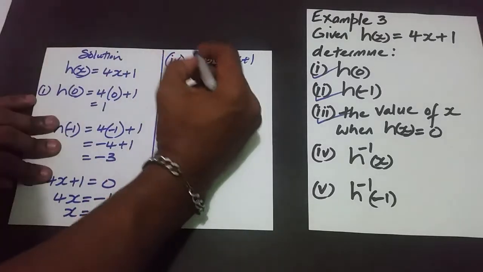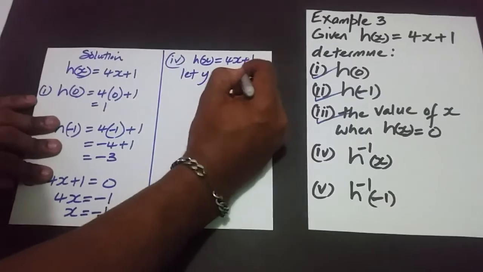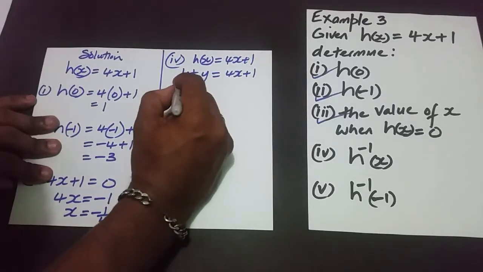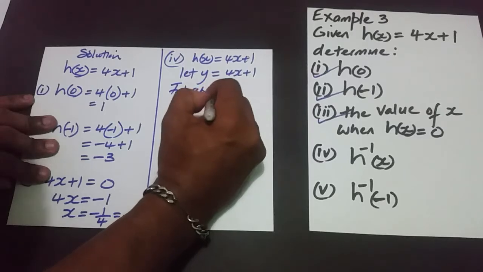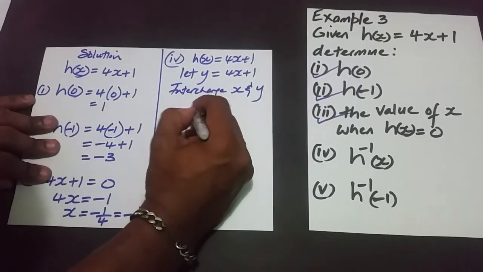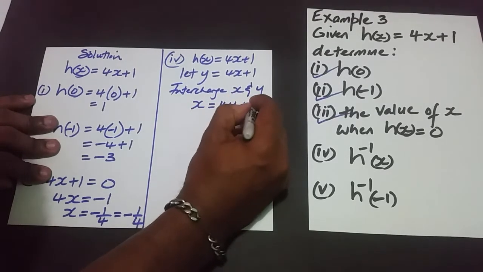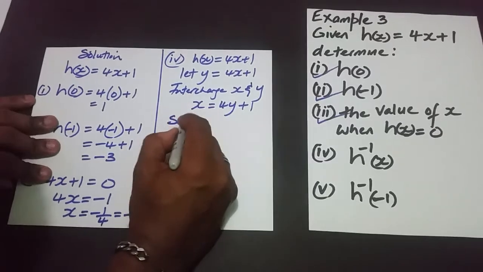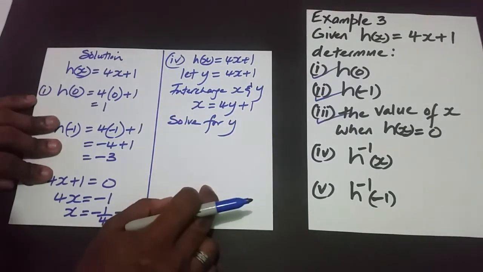And the first step, when we're finding the inverse, is to let y equal 4x plus 1, and then interchange x and y, which means just simply to switch the positions. So we would have x equals 4y plus 1. And the final step here would be to solve for y, which means make y the subject.